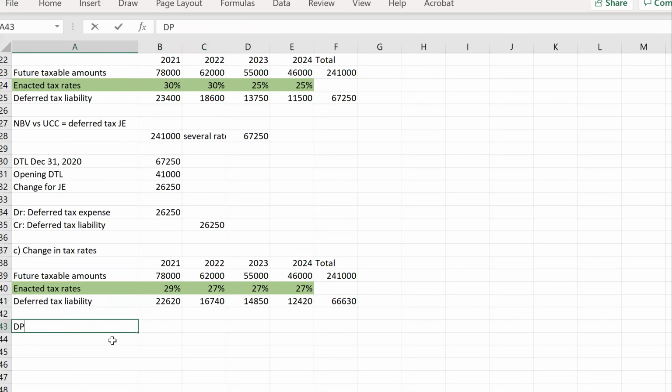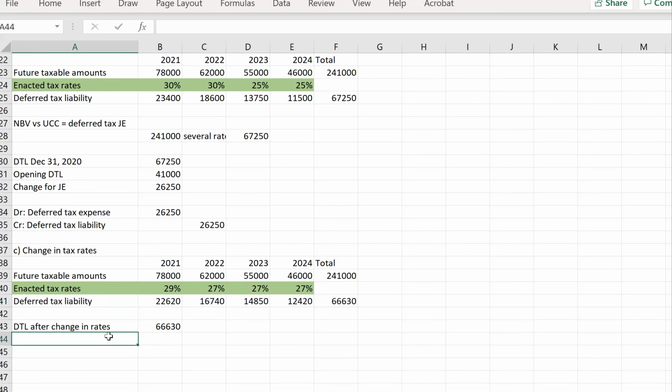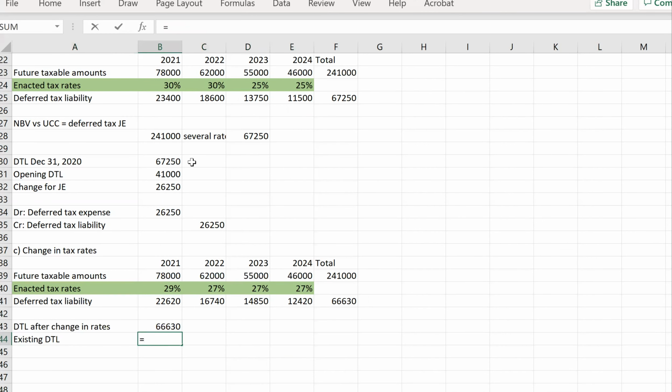So what was my deferred tax liability? Deferred tax liability after change in rates. I want my deferred tax liability now to be $66,630, which is just this total. It's the sum of the new amounts with the new tax rates applied. My existing DTL, or deferred tax liability, is this amount up here. Remember how we had adjusted the account so we could get to this $67,250.